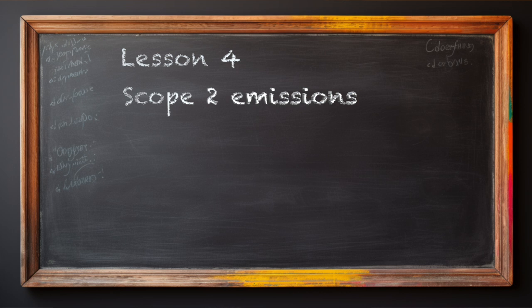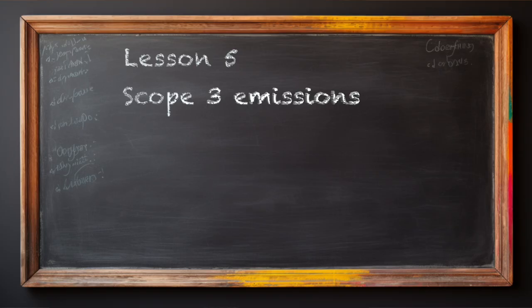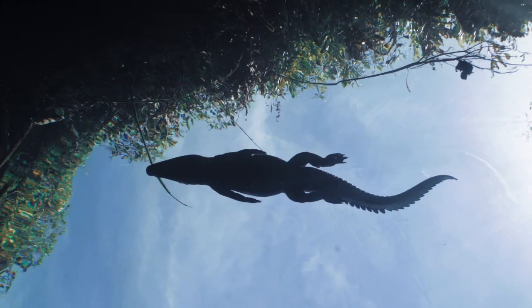Scope 2 emissions are indirect energy emissions. So here we measure the emissions from purchased electricity, steam or heating, and understand how energy choices will have an impact on carbon footprint. And then the scope 3 emissions, those are the indirect emissions that are related to the head and to the tail.